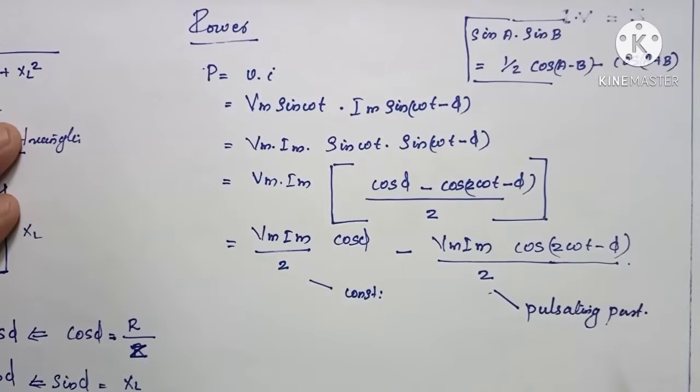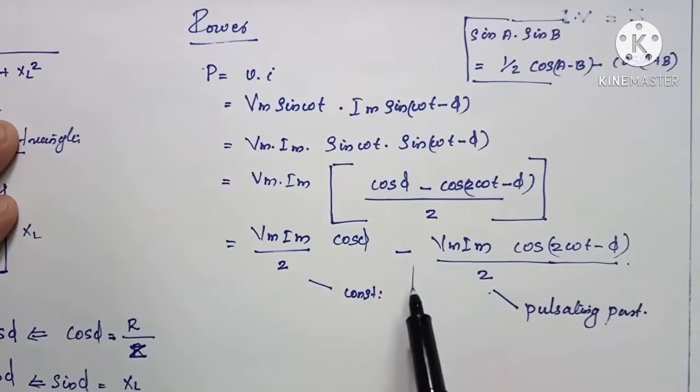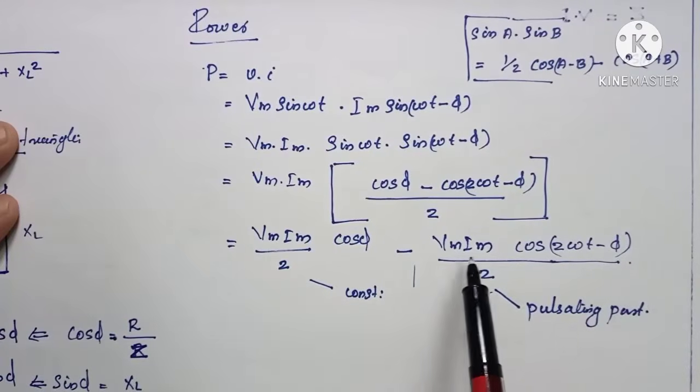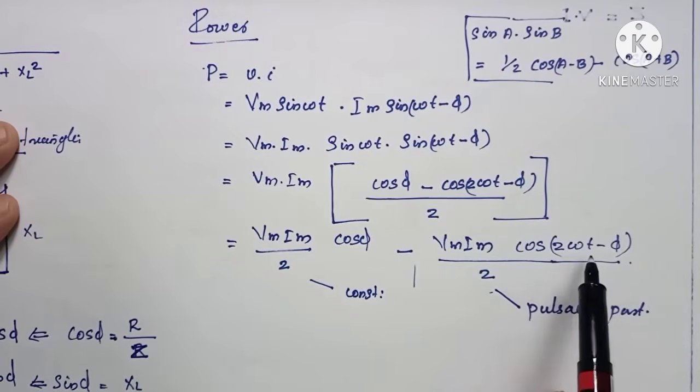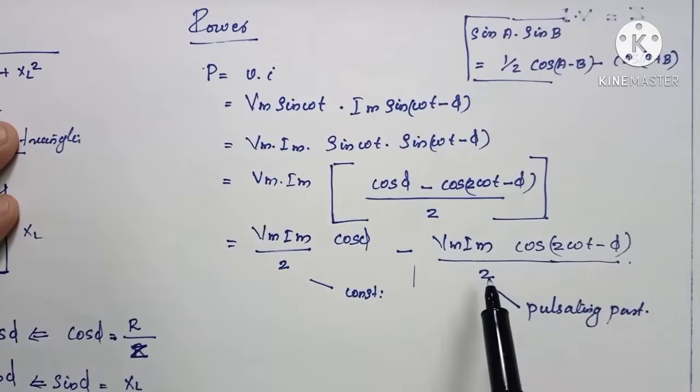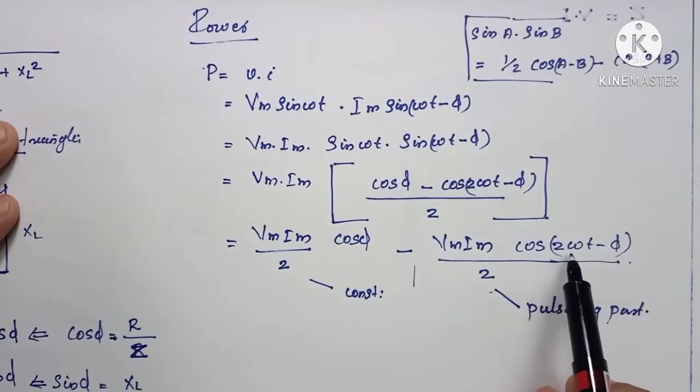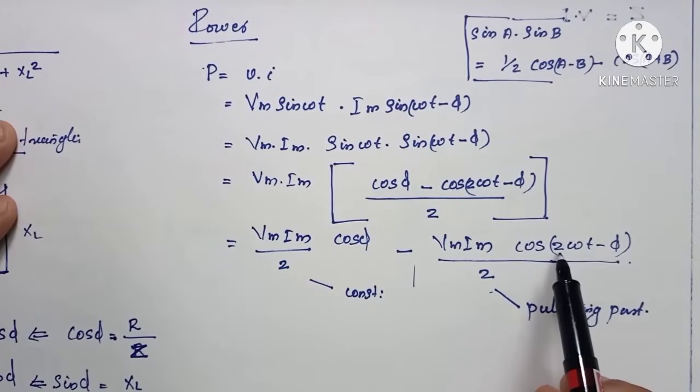For a complete cycle, this term Vm Im cos 2 omega t minus phi divided by 2 will be 0. Why? Because here the frequency is doubled compared to that of voltage and current.